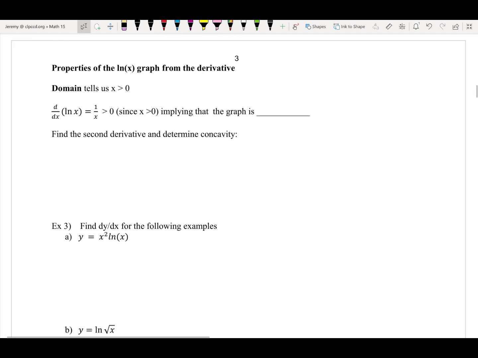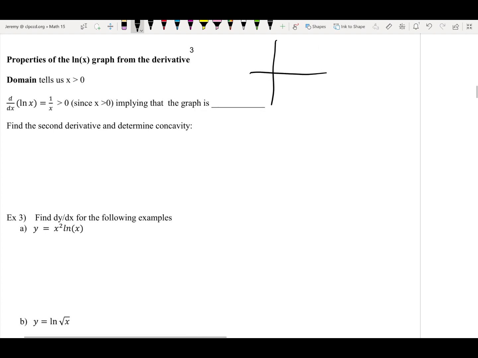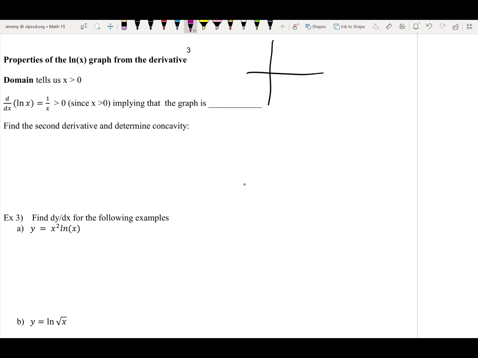Now on page 3, let's get back into some calculus. Let's look at properties of the natural log graph from the derivative. So the domain of the natural log, we discussed this earlier, is going to be x greater than 0, right? And that is because, just to get the graph back on the page here, the graph looks like this, where we have a vertical asymptote at the y-axis.